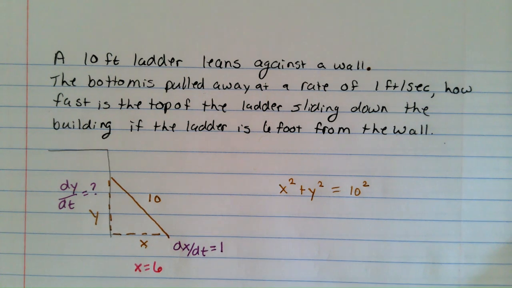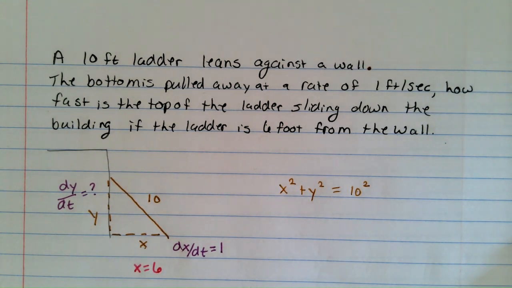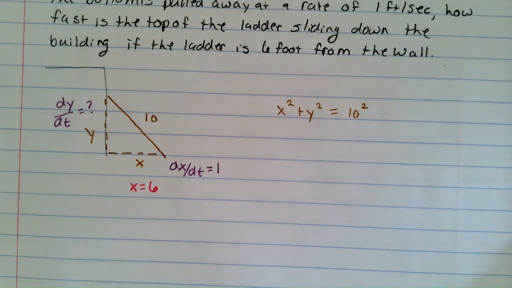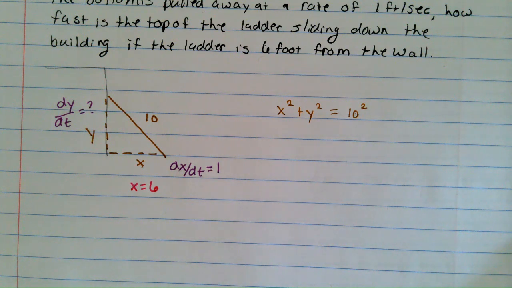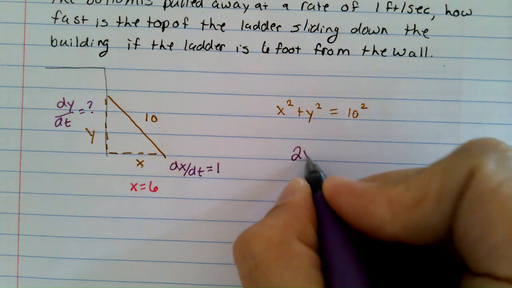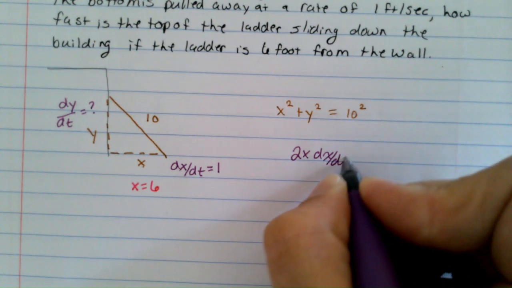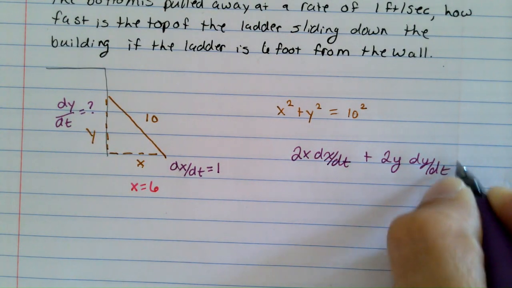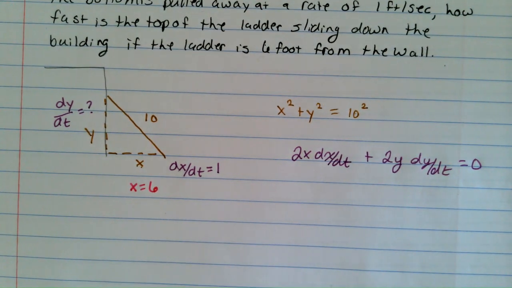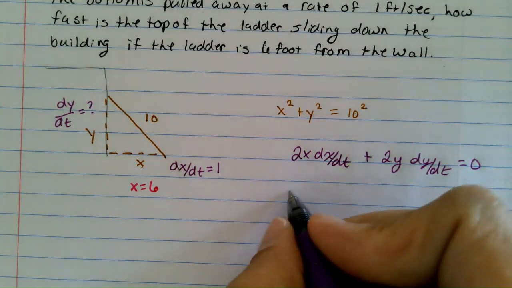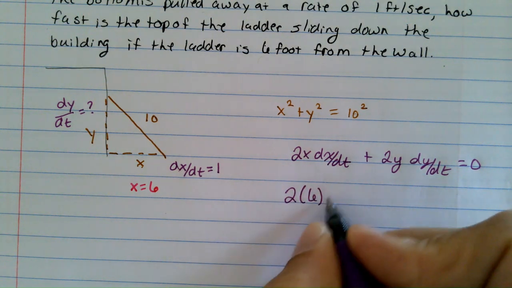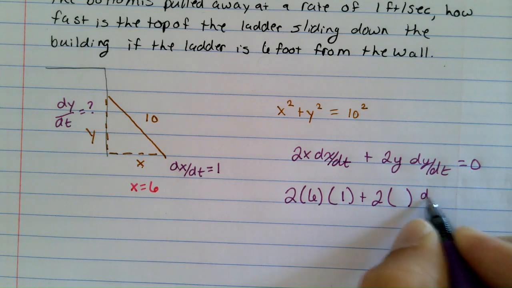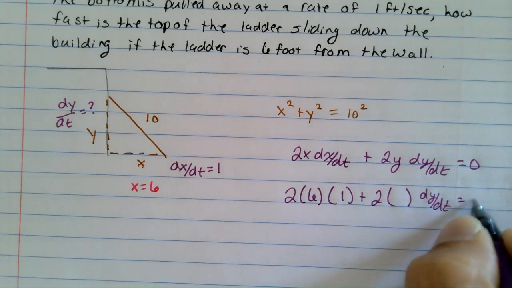Okay, what am I going to do? Well, I know I have to have my dx and my dy, so I'm going to come over here to 2x dx/dt plus 2y dy/dt equals 0. Now I'm going to substitute. 2 times x times dx/dt plus 2 times y times dy/dt equals, I don't have y.